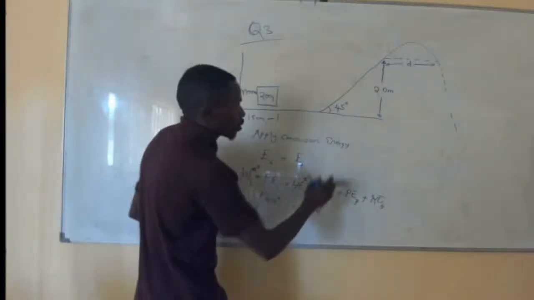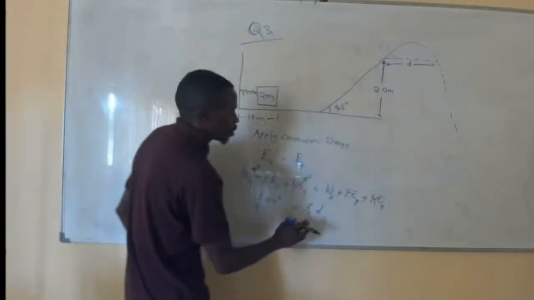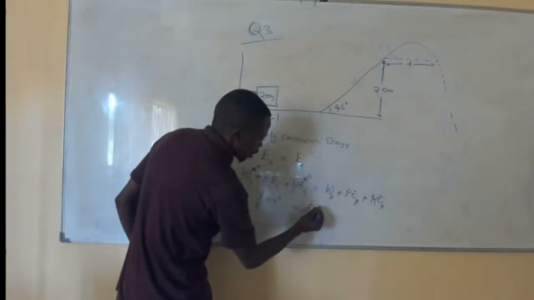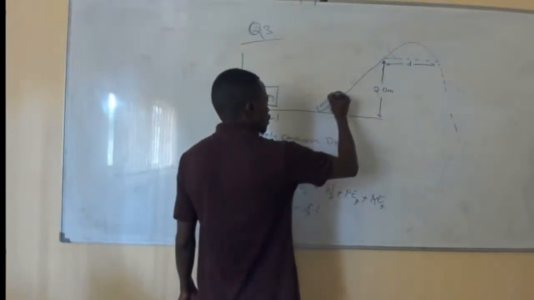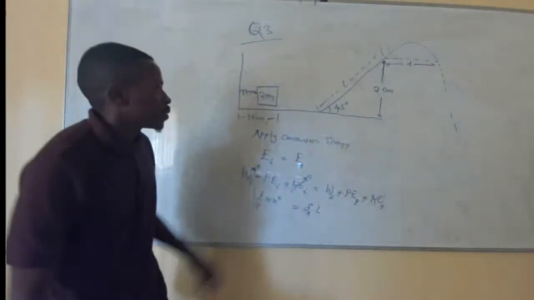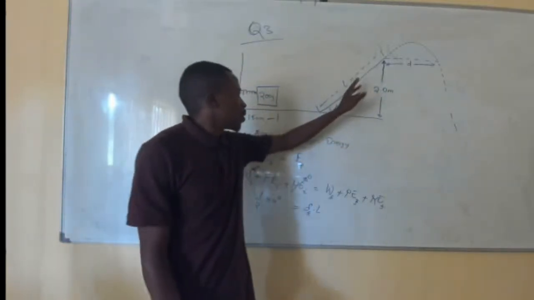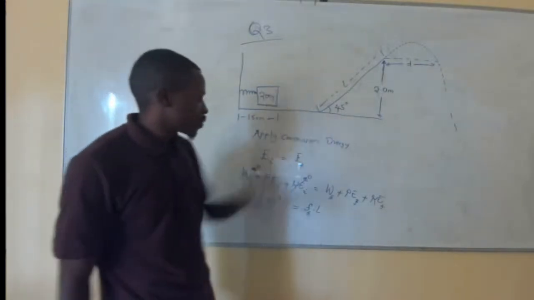In order to reduce ambiguity, let's use L, where L is the distance up the incline, because that's the distance you need to multiply with the force in order to find the work done as it moves up the incline.